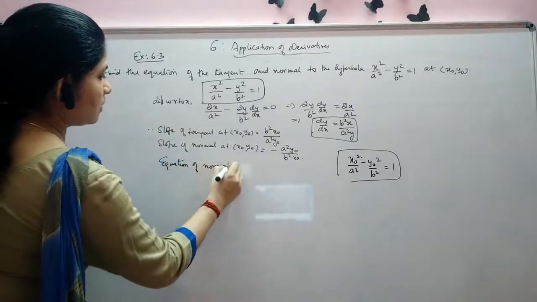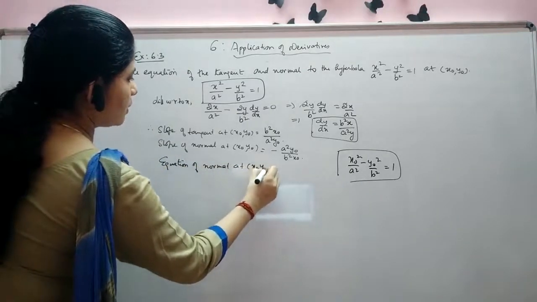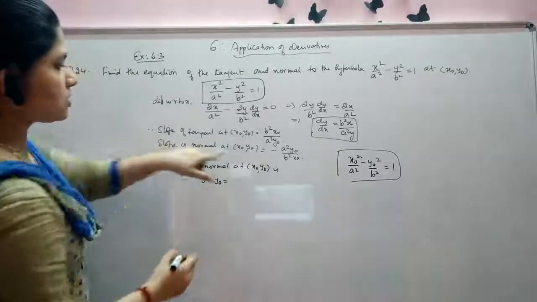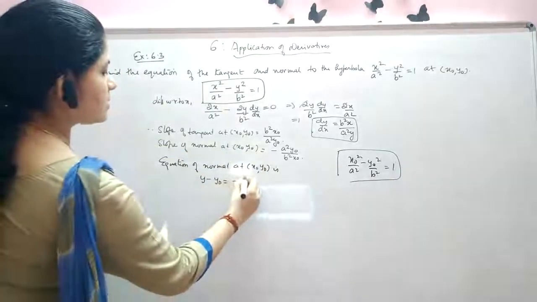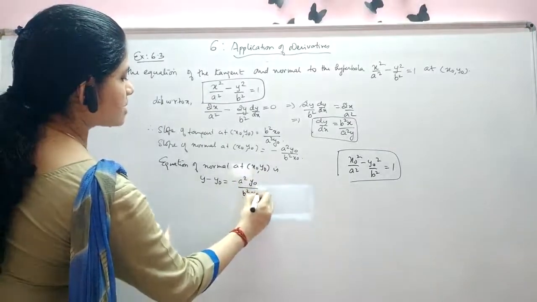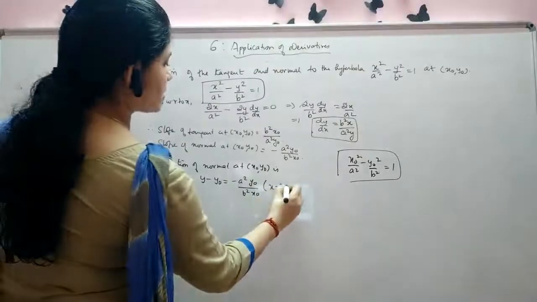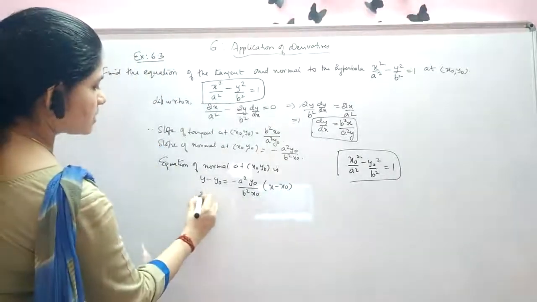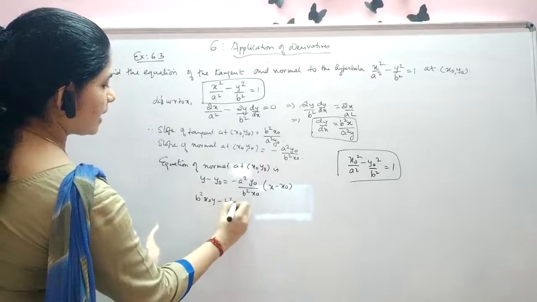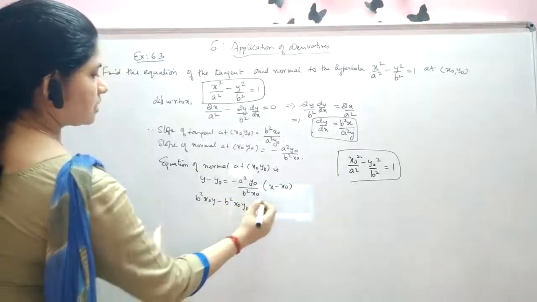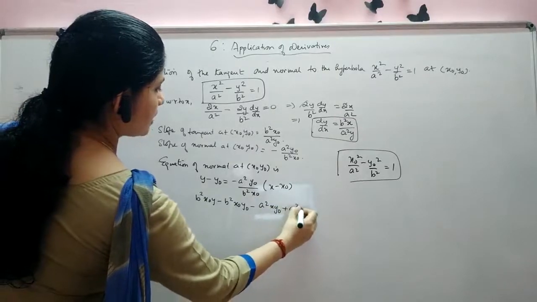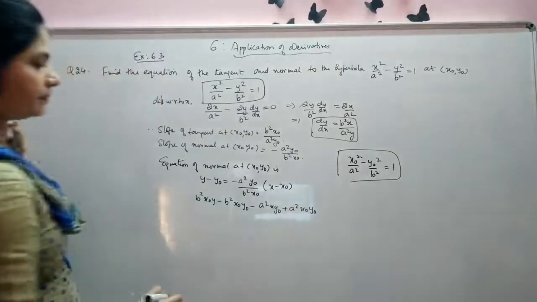normal at x naught y naught is y minus y naught is equal to, slope of normal is minus a square y naught by b square x naught into x minus x naught. So you'll get b square x naught y minus b square x naught y naught minus a square x y naught plus a square x naught y naught.